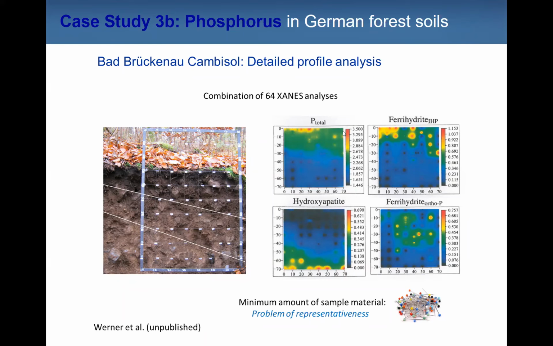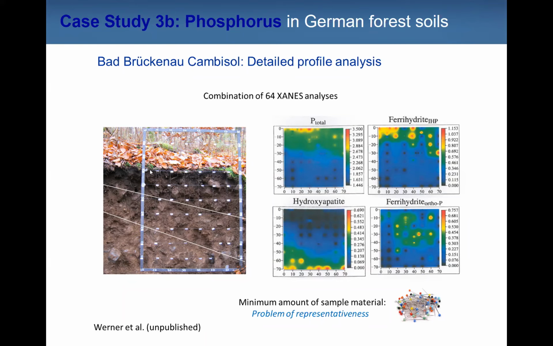But if you look at different P species, you see that's not the case for all P species. Hydroxyapatite, which is the initial lithogenic P form, is still enriched in the subsoil, but it's lost in the topsoil. And organically bound ferrihydrite-bound or iron-bound organic P is enriched in the topsoil, and iron-bound inorganic P is enriched at a little bit greater depth of the soil.